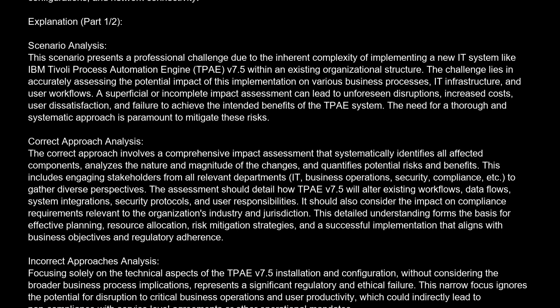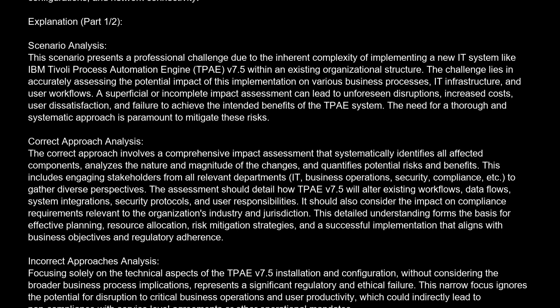The assessment should detail how TPV7.5 will alter existing workflows, data flows, system integrations, security protocols, and user responsibilities. It should also consider the impact on compliance requirements relevant to the organization's industry and jurisdiction. This detailed understanding forms the basis for effective planning, resource allocation, risk mitigation strategies, and a successful implementation that aligns with business objectives and regulatory adherence.